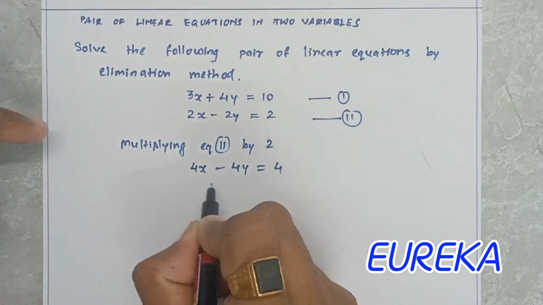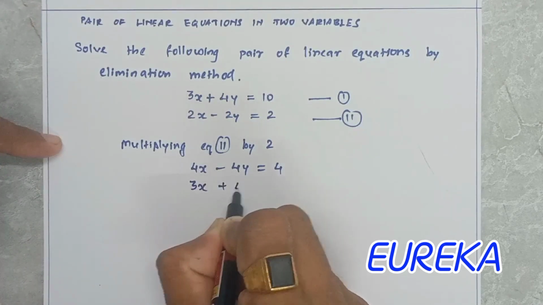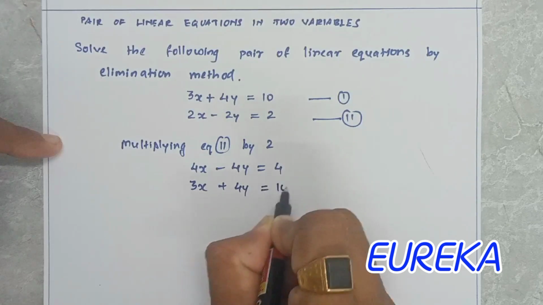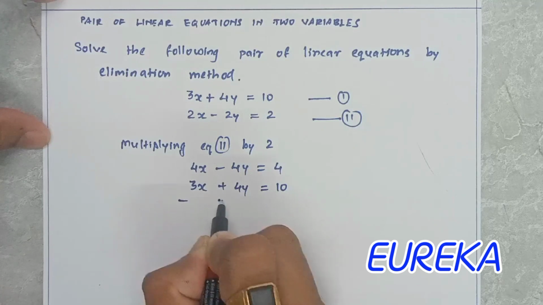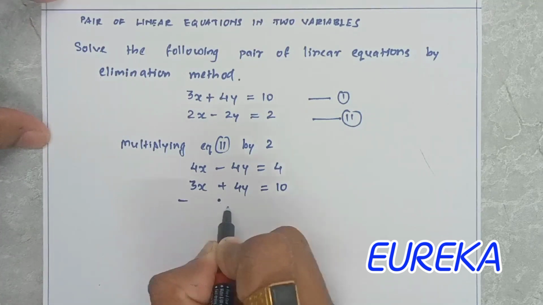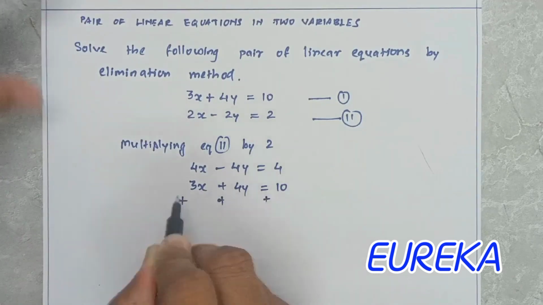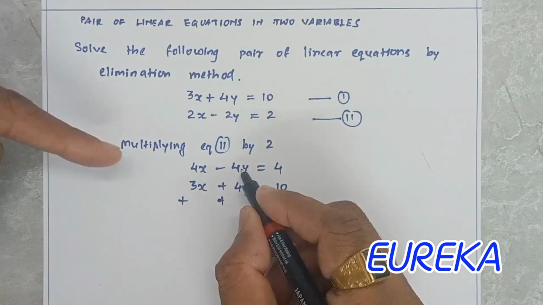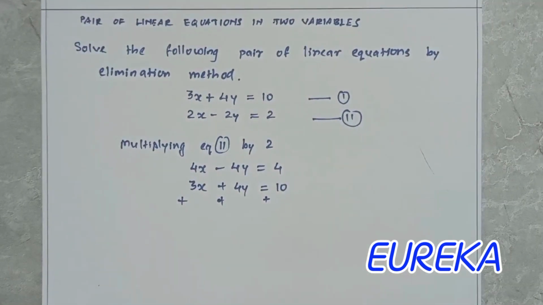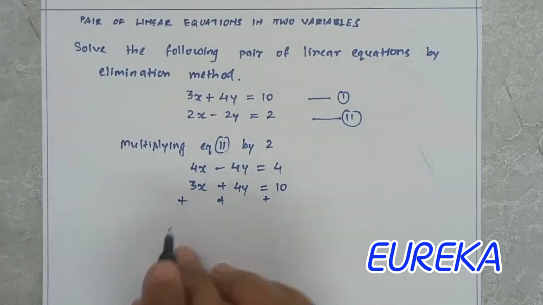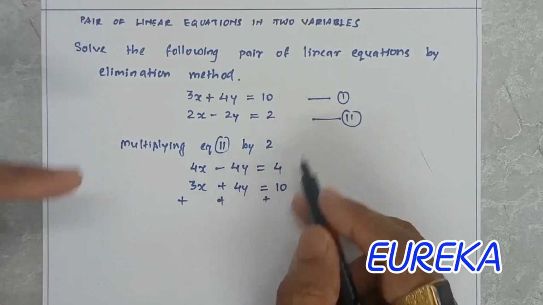Now from this we could subtract the other equation, 3x plus 4y equals 10, but we are adding instead. Why are we adding? Because in that case we don't need to change the sign. Here it is minus 4y, there it is plus 4y, so both will cancel each other, and there is no need for subtraction. So we simply added. Suppose this is equation 3; we simply added equations 1 and 3.